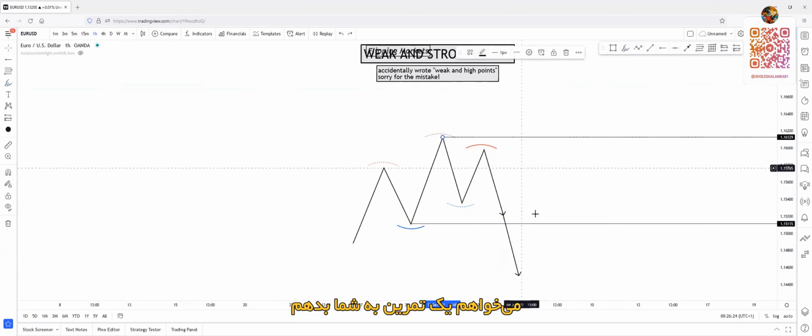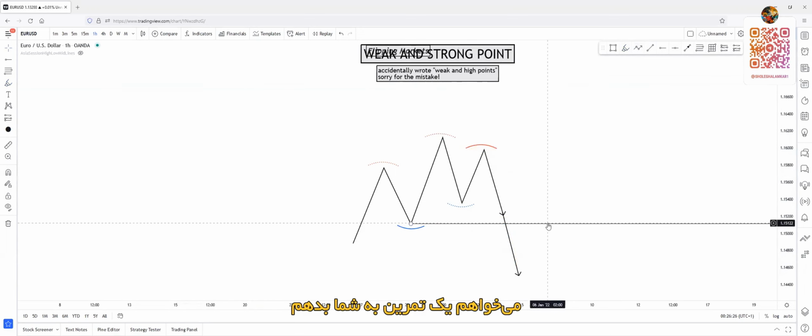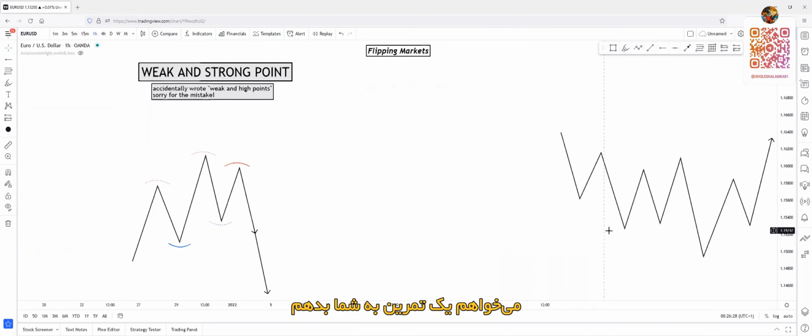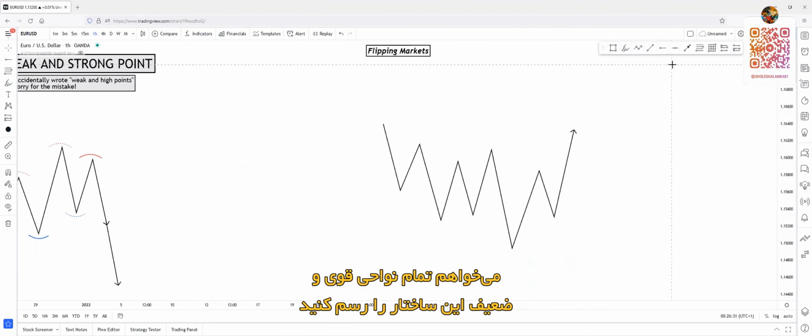Okay, I actually want to give you a task to complete. I want you to draw all of these strong and weak points on this structure.